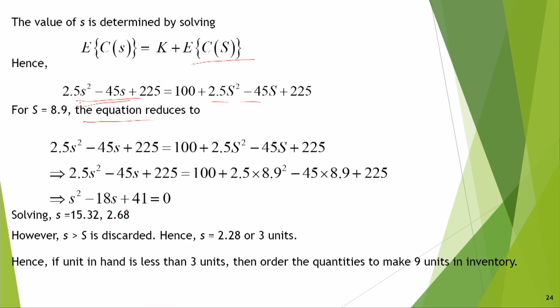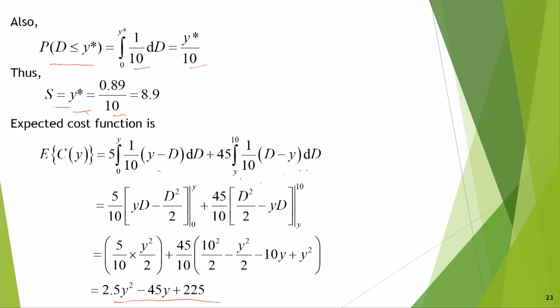So, solving this, we get small s is equal to 15.32, and the other root is 2.62. However, s is greater than S, so that is discarded. So, s is equal to 2.62 or 3 units is taken. Hence, if units in hand are less than 3 units, then order the quantity to make 9 units in inventory, because 8.9 is the this one, otherwise do not order.